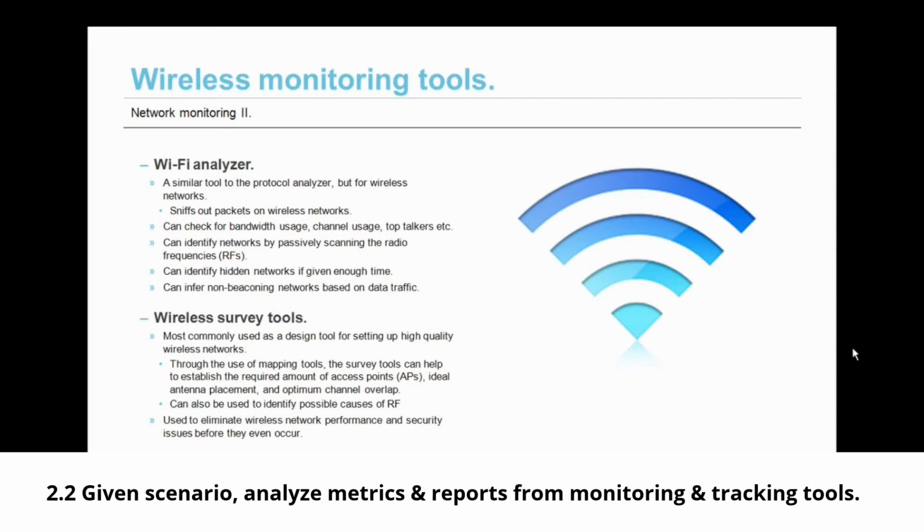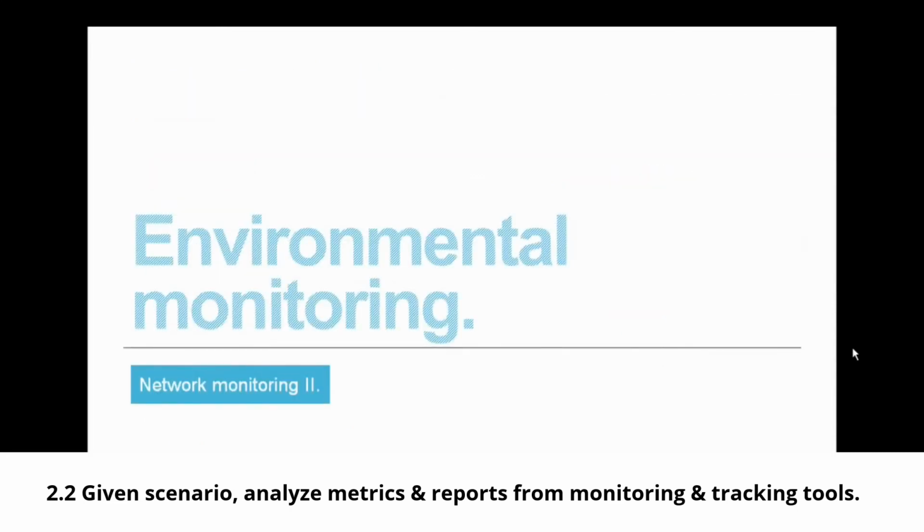Wireless survey tools can also help to identify possible sources of radio frequency interference, or RFI. Wireless survey tools are often used to eliminate wireless network performance and security issues before they ever have a chance to occur.